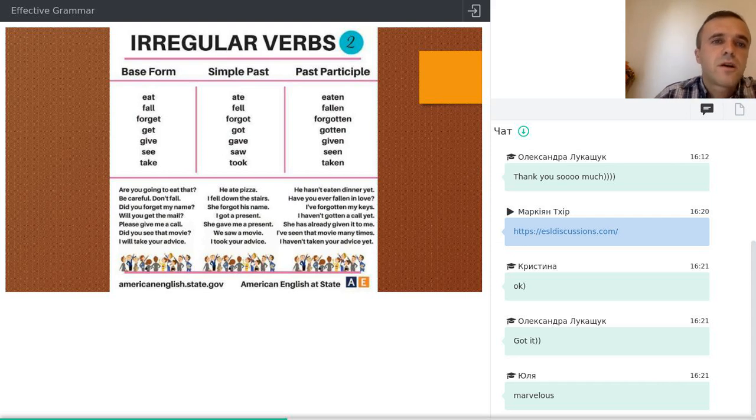So there are also some examples here: irregular verbs 1, irregular verbs 2. I'm a practical person, and I give more practice in my class.